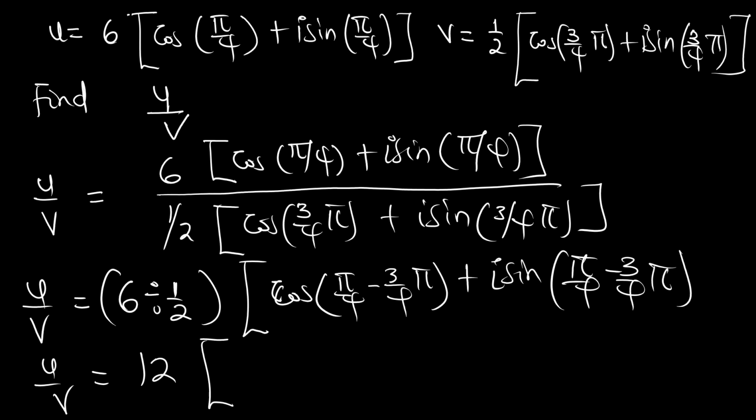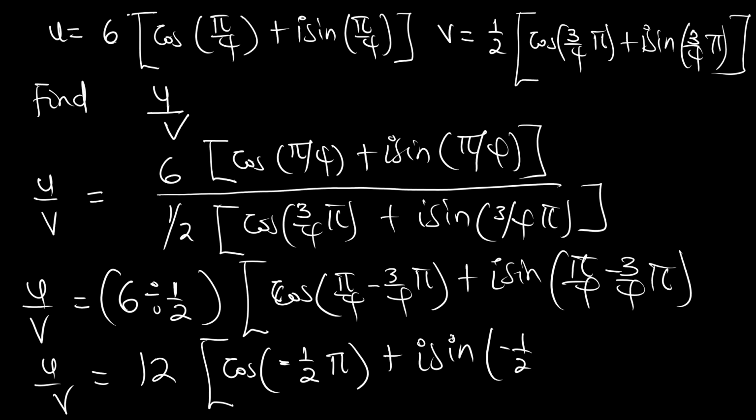So we are going to have cos negative half pi plus I sine negative 1 over 2 pi. Like I did for the first one, the cos of a negative value is positive.